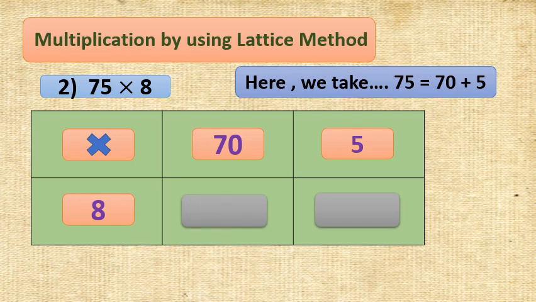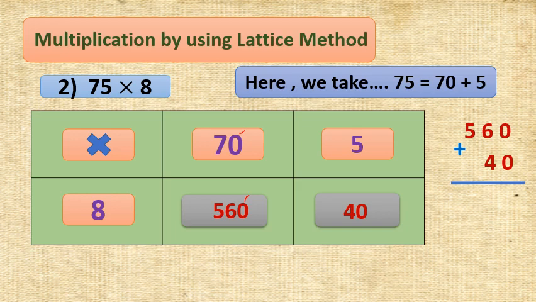Okay. Now 8 5s are 40. Then 8 7s are 56, isn't it? 56, and here one more 0 is there, so we have to add this. 56 means 560. One more 0 you have to give here. Then we will add these two numbers, that is 560 plus 40 is equal to how much? 0 0 0.